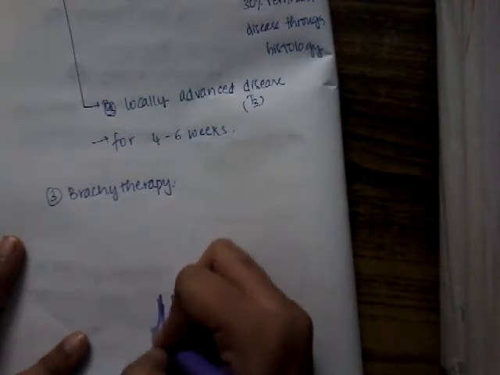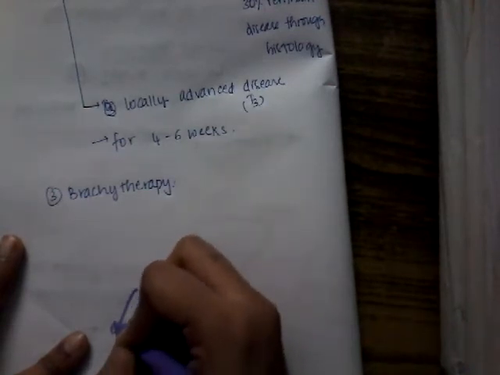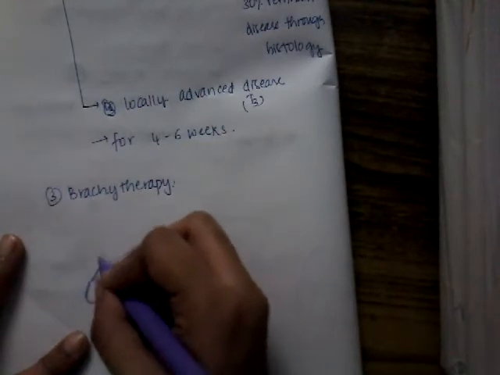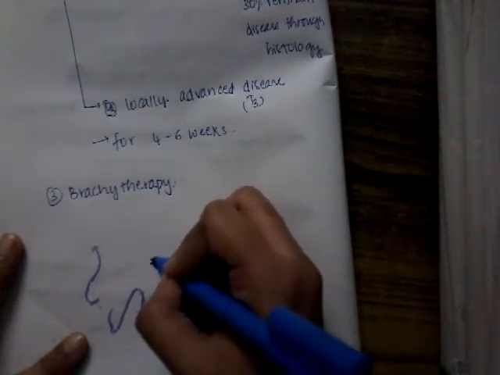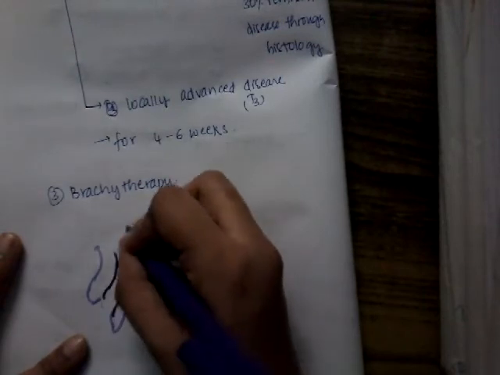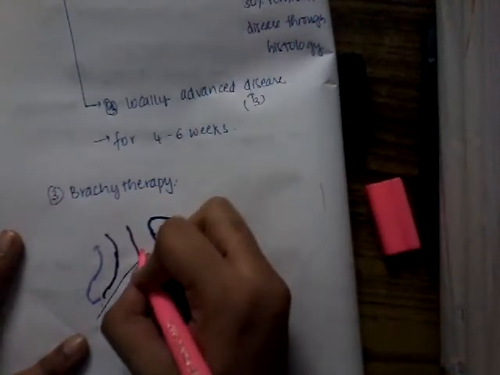so this is the penis, and this is the rectum part, right? This is the urethra, and this is the bladder, and these are the prostates, and this is the rectum. So what we do is, we go transurethral and we place the radiotherapeutic material here.